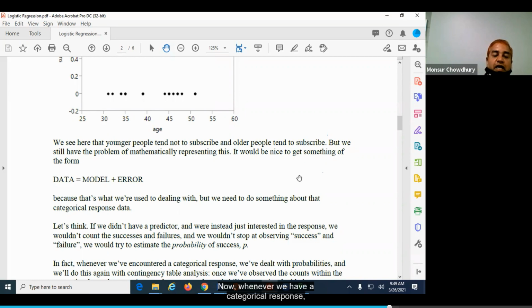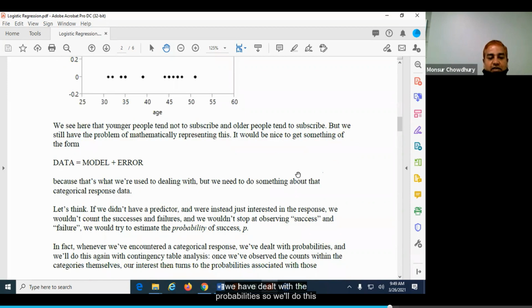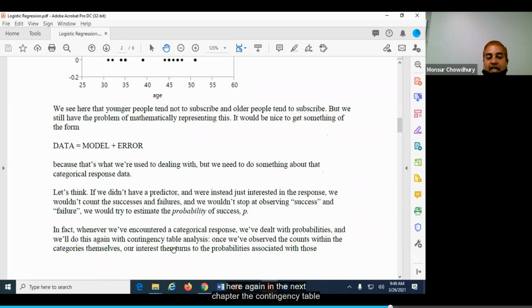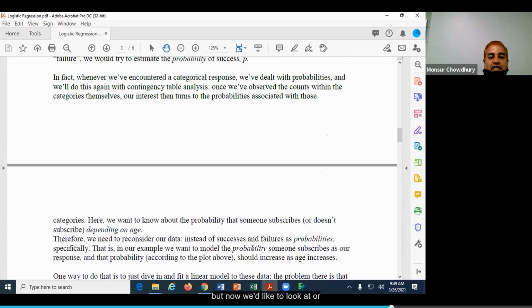Whenever we have a categorical response, we deal with probabilities. We'll do this again in the next chapter, the contingency table. But now we would like to know that the probability that someone subscribes depends on their age.